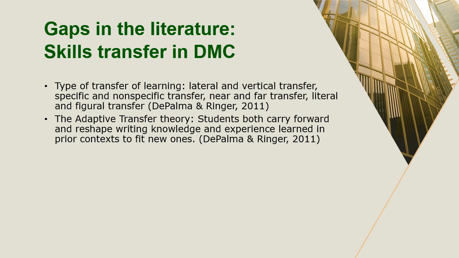For example, if you learn a second language and you use the strategies and the knowledge of learning that second language to learn a third language, that could be an example of far transfer, because the two languages might be very different. However, you apply similar strategies or skills in their learning.